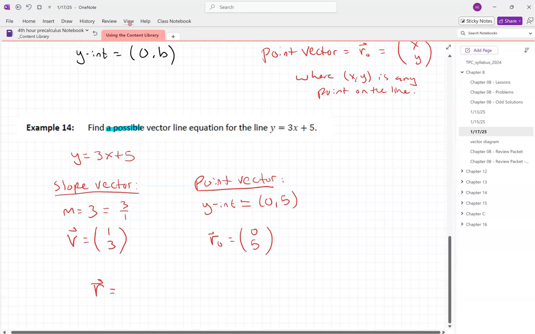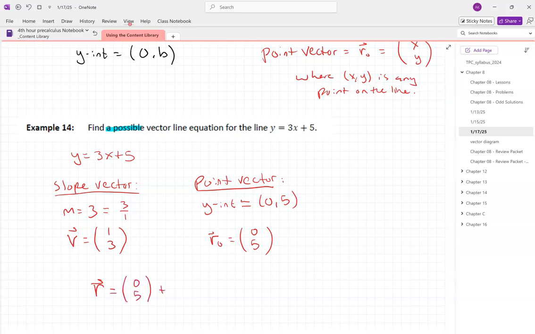So my final answer will be vector r equals the vector 0, 5 plus the vector 1, 3 times t. Does that feel okay there? Pretty simple, right?